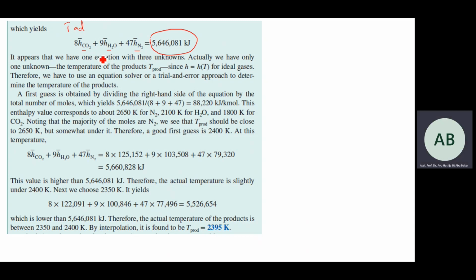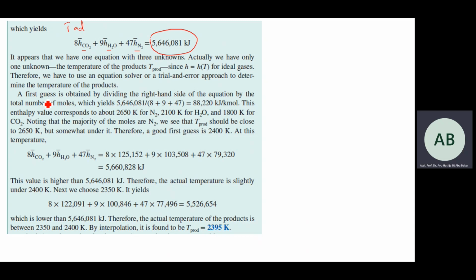How to choose T adiabatic? All of this occurs at T adiabatic, so the H is equivalent to H at T adiabatic. This one you will still need to do by trial and error.